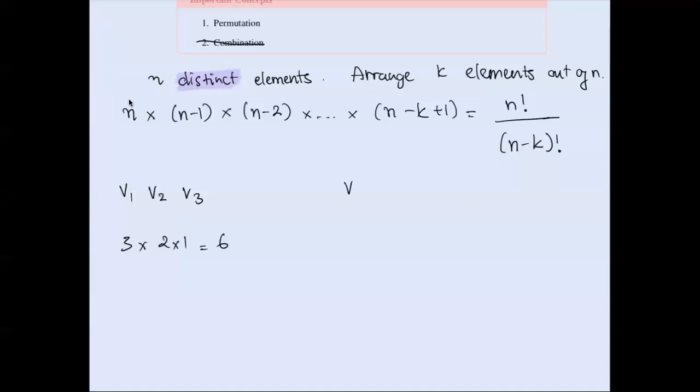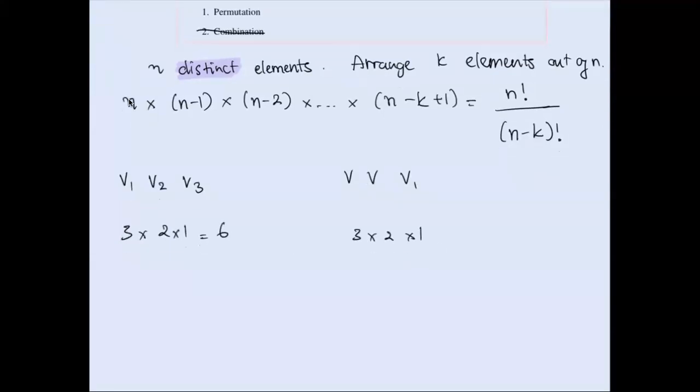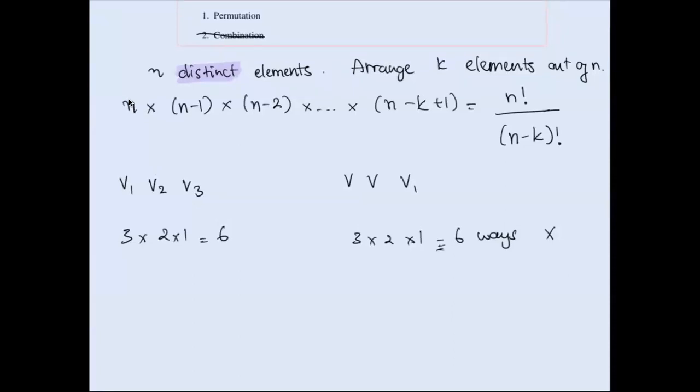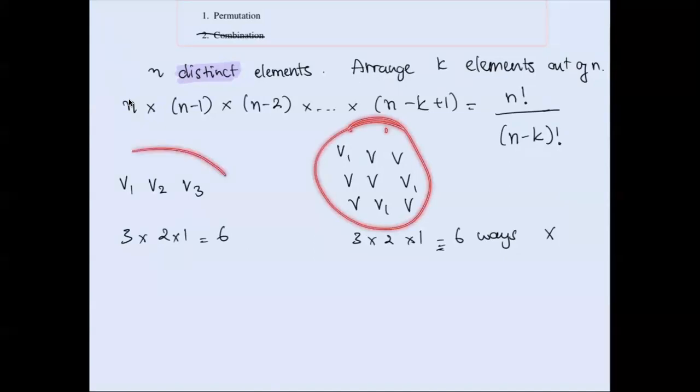However, if you have something like V, V, and V1, you cannot do 3 times 2 times 1 equal to 6 ways to arrange these 3 objects, because that is incorrect. If you actually try to arrange these 3 objects, you will see that there are only 3 possible options like this.